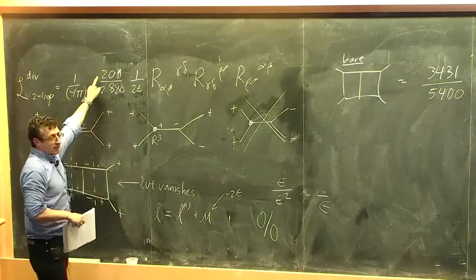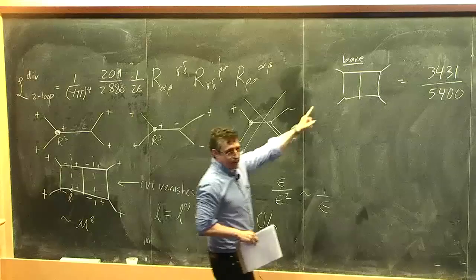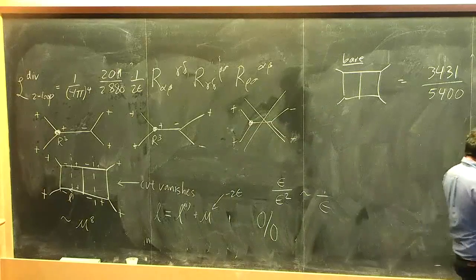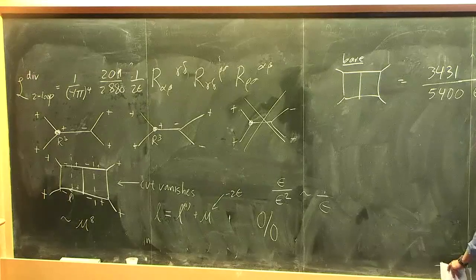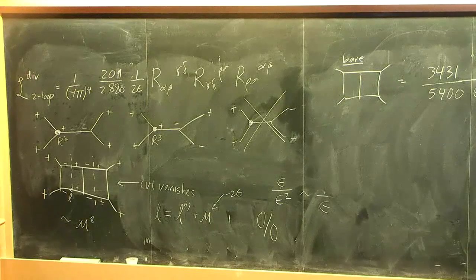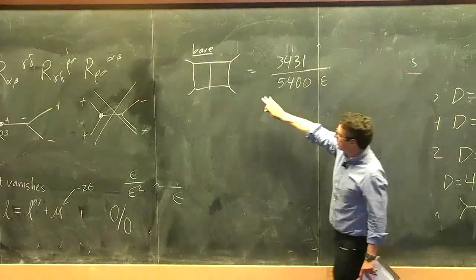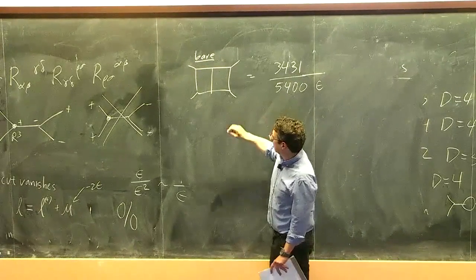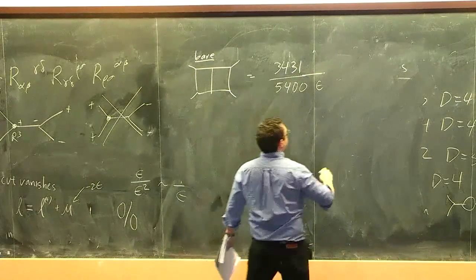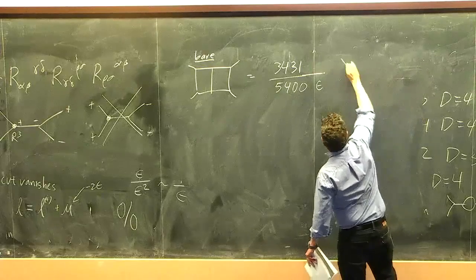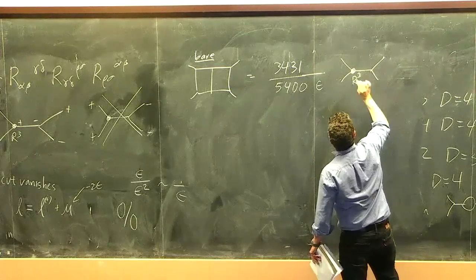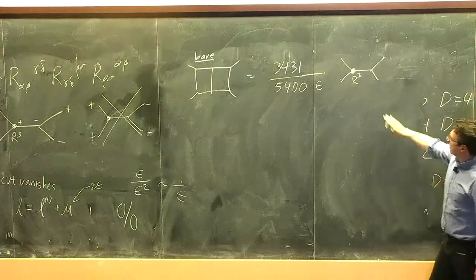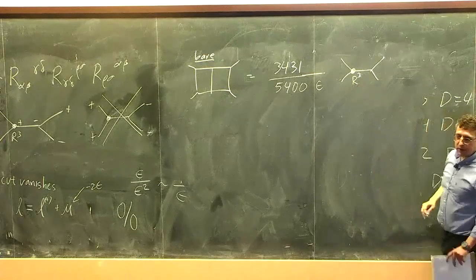You can be sure it doesn't involve 209 and 3431. Over epsilon, and then times whatever it needs, the appropriate kinematic factors coming from the R cubed counterterm. So in fact, it's proportional to the appropriate R cubed counterterm and other diagrams that go with it.